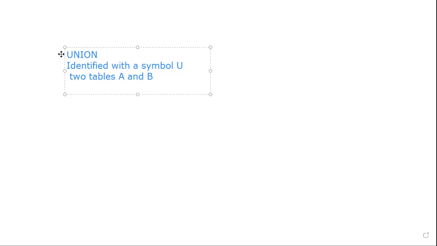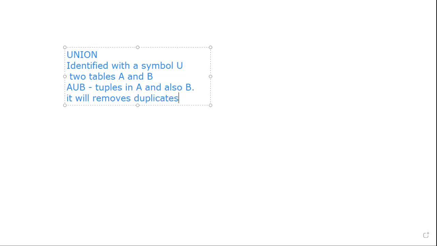A union B will display the tuples in A and also in B. But we have to remember one thing here: it will remove duplicates.